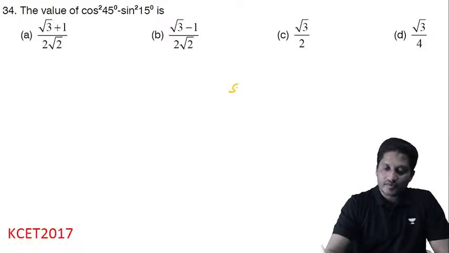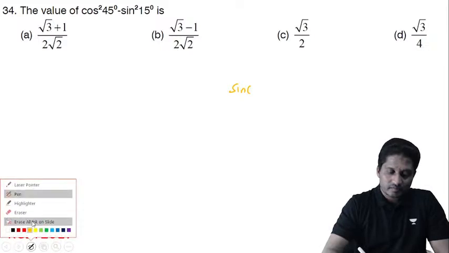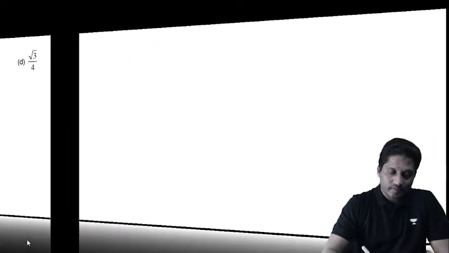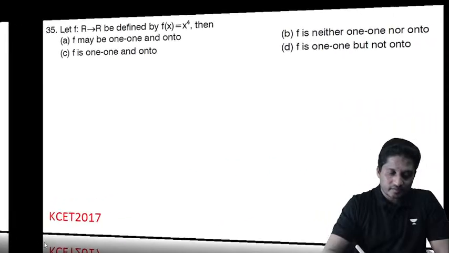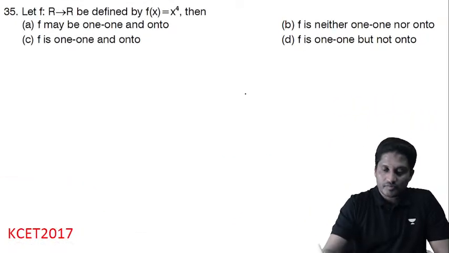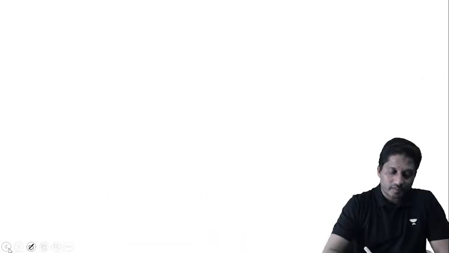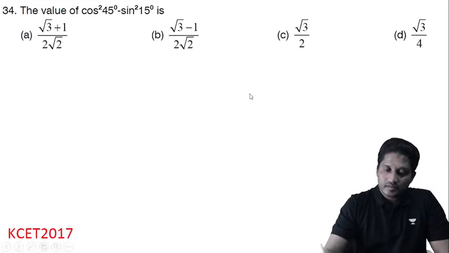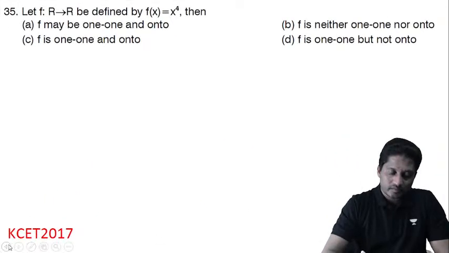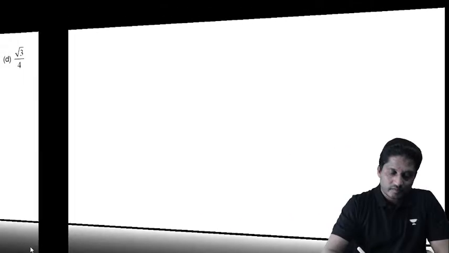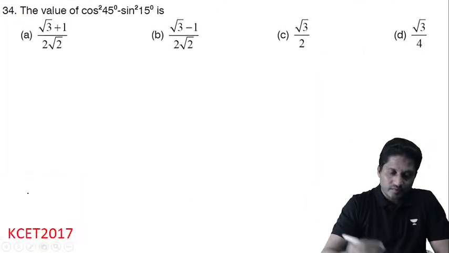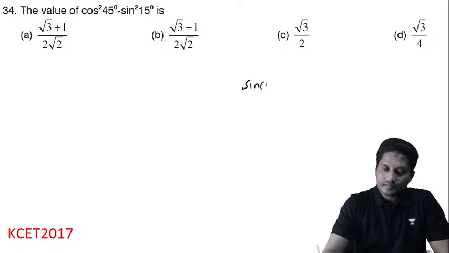Suppose you have sine of A plus B into sine of A minus B, then it will be equal to sine square A minus sine square B.